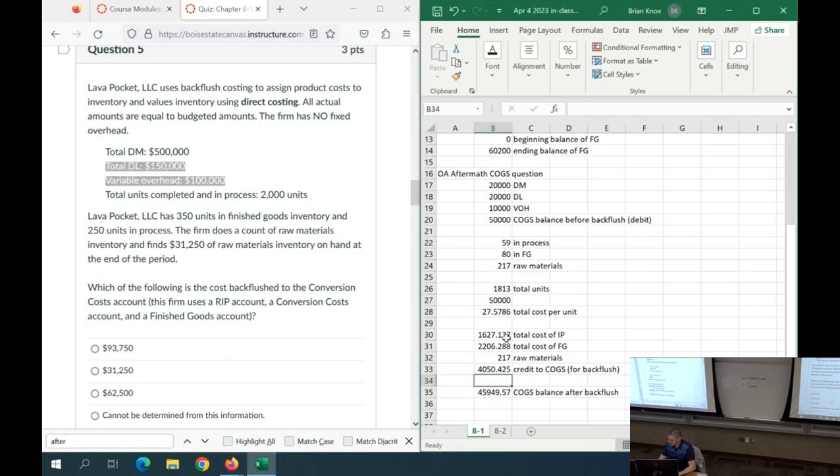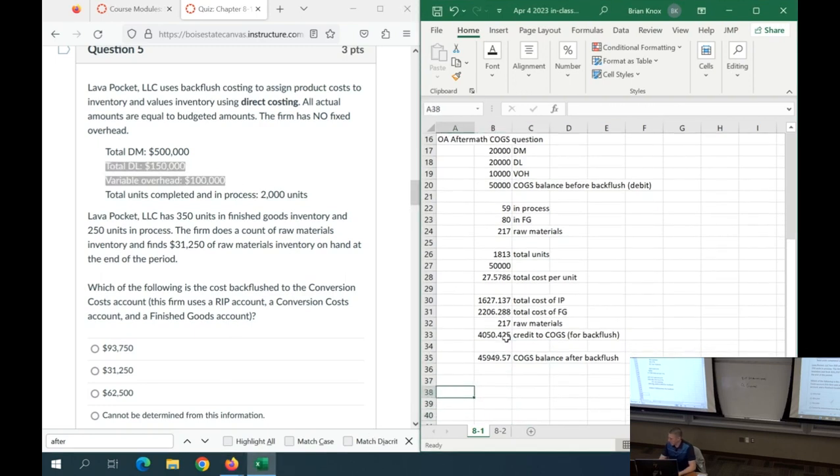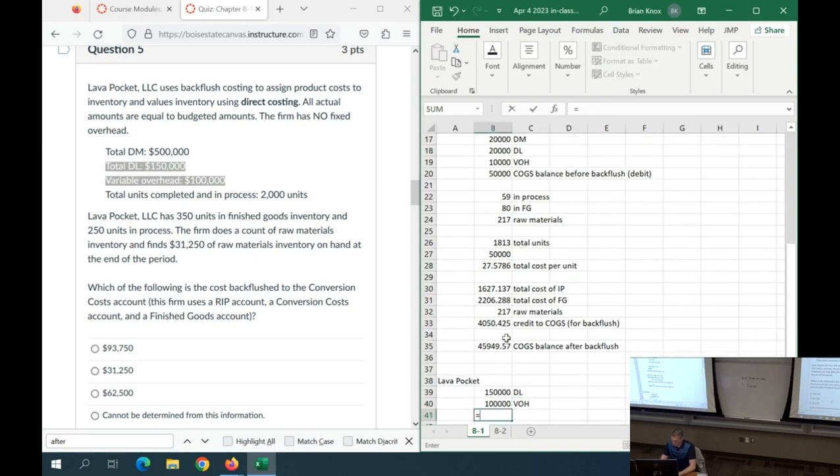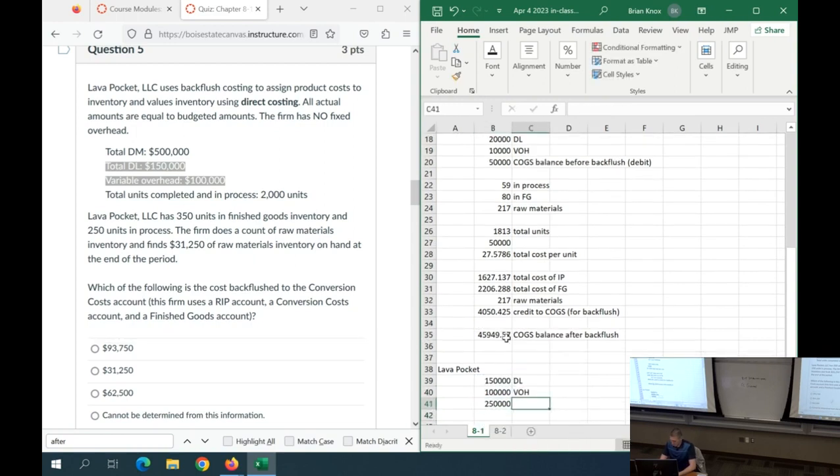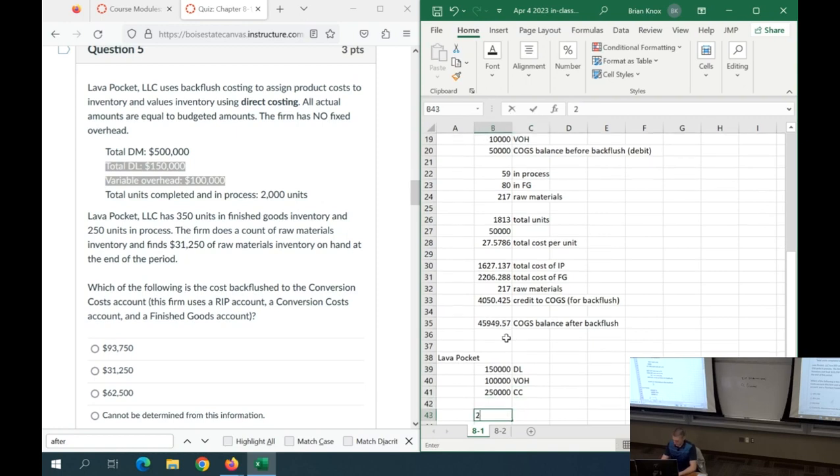We'll go over to the handy dandy Excel. We have 150,000 direct labor, 100,000 variable overhead, which means we have a total of 250K conversion costs. 2,000 total units.